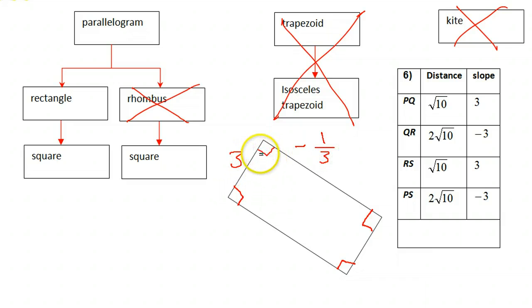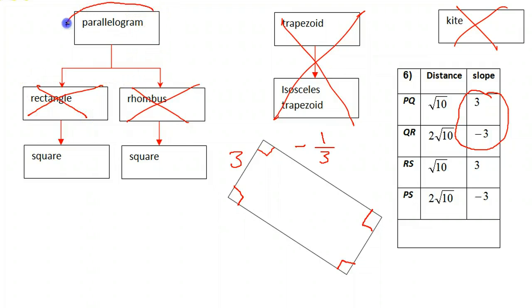Remember, if it's going to be perpendicular like this, the slope should be opposite sign and reciprocal, 3/1, 1/3. But that is not what we have. We have 3, but then we have negative 3, not negative 1/3. So that means these are not perpendicular. That means these are not 90-degree angles, which means this is not a rectangle. So it's not a rectangle.